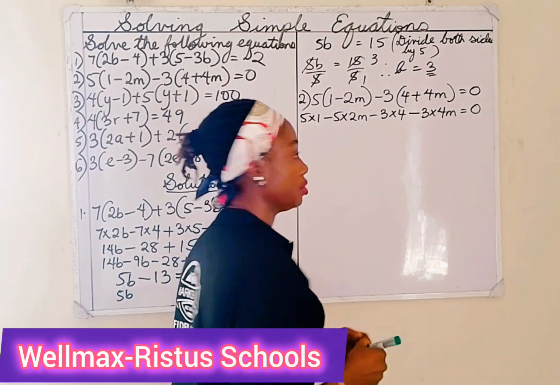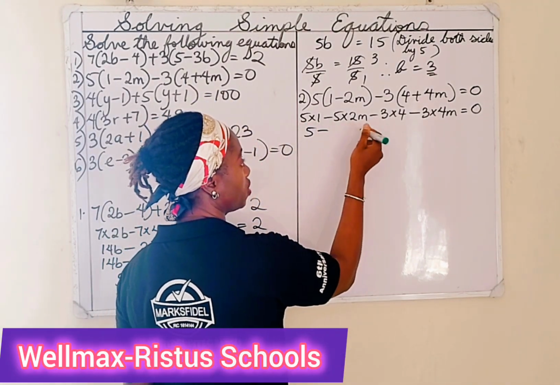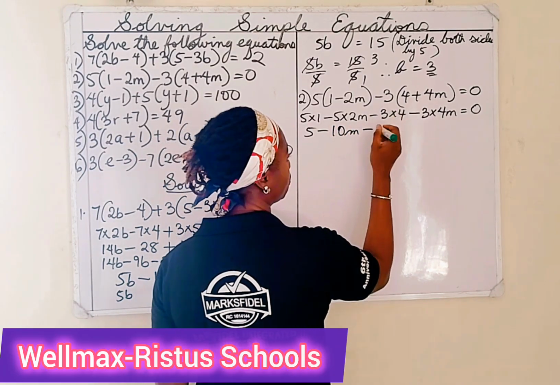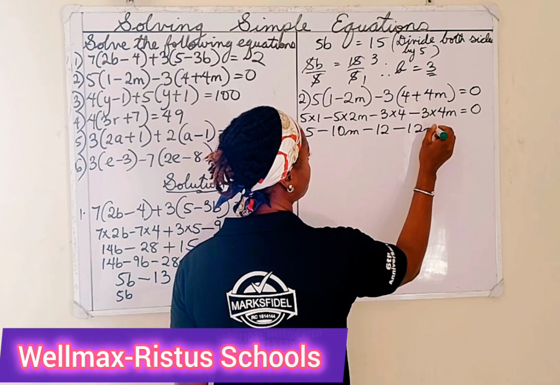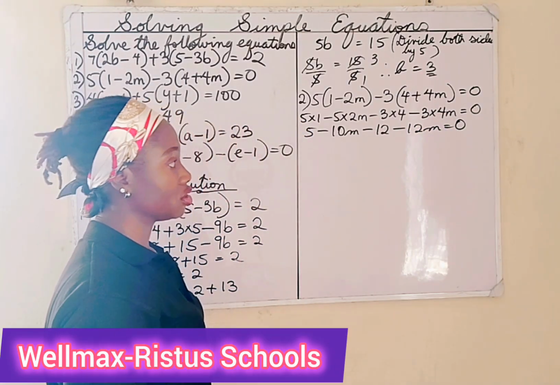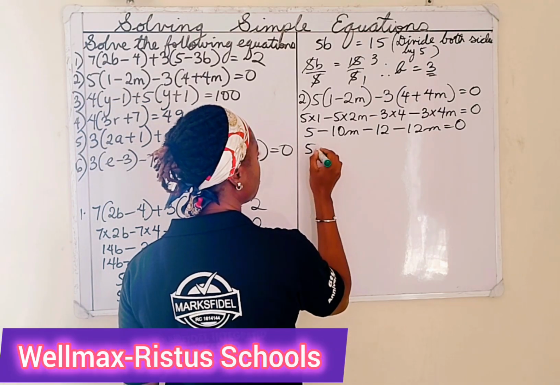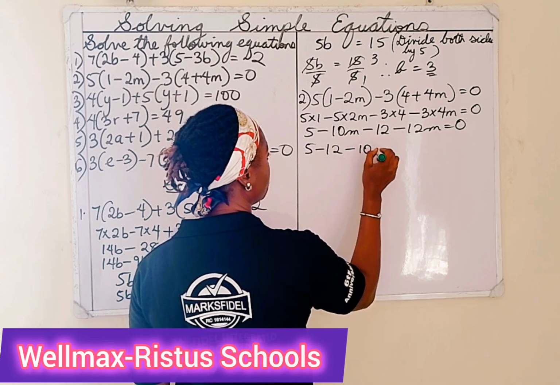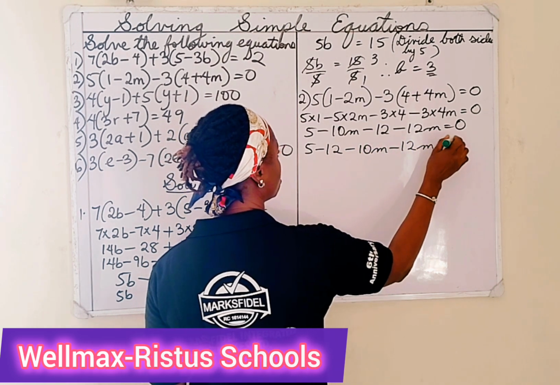Now let's multiply the numbers out. 5 times 1 is 5. Minus 5 times 2m gives us 10m. Minus 3 times 4 is 12. Minus 12m equals 0. So as usual, we're going to collect like terms. So we have 5 minus 12, minus 10m minus 12m equals 0.